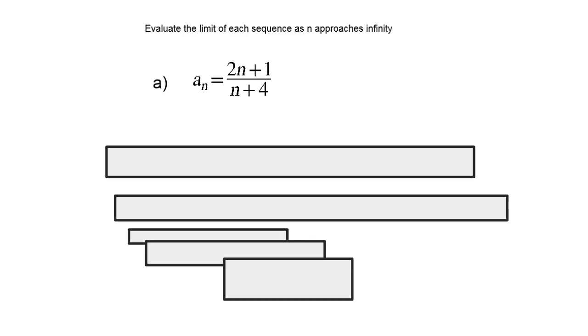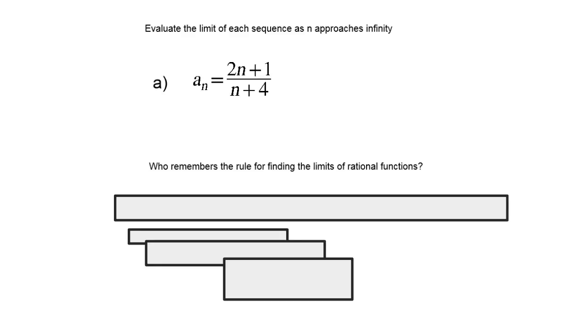So, we're going to evaluate the limit of this sequence as n approaches infinity. So, the sequence is defined by a sub n equals 2 times n plus 1 all over n plus 4. So, who remembers the rules of finding limits of rational functions?